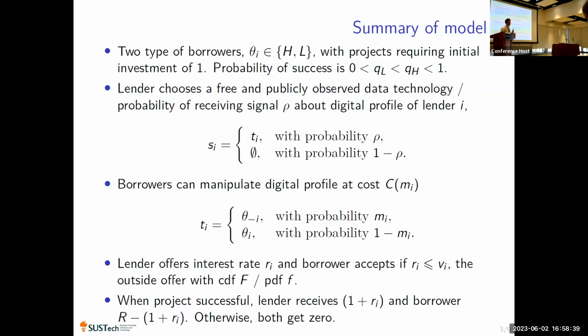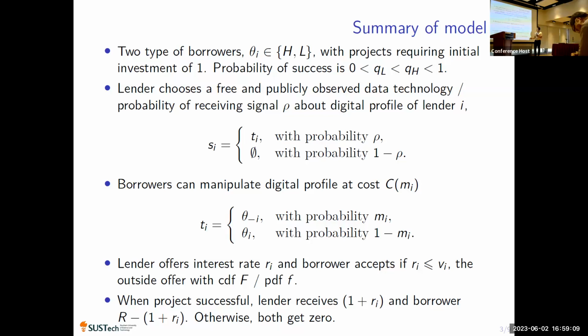One is the data technology, or simply the amount of data that you're collecting. On the other hand, the borrower can manipulate this digital profile, right? And this manipulation comes at a cost. And so with some probability m that is in control of the borrower, the digital profile can be the opposite type of what the borrower actually is. So a borrower who is low type can appear high type and vice versa. So this happens at the first stage.